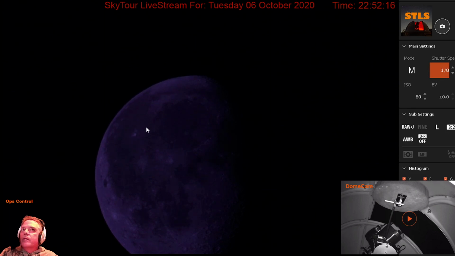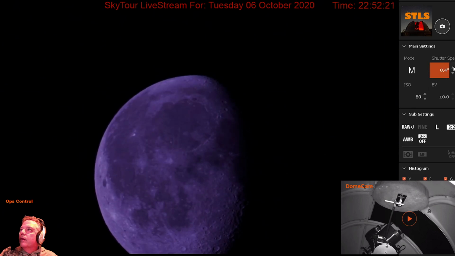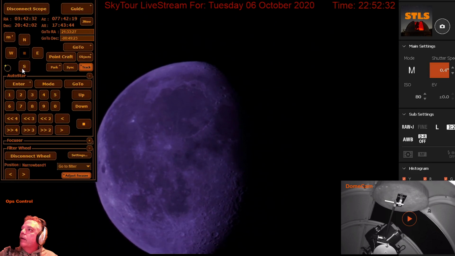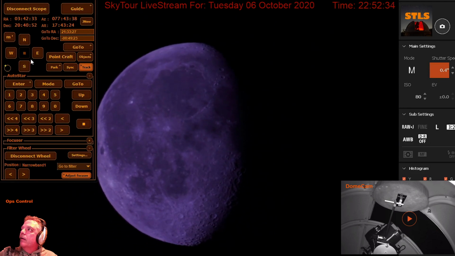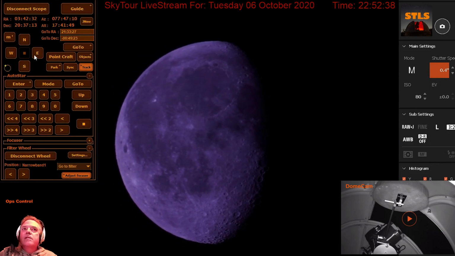You can't miss it. I see Grimaldi down to its lower left. Yeah, you can't miss it. Look at that. It's interesting to consider when you first caught the moon how dark it was to see how much that filter is really cutting down on how much light is passing through. That's exactly right. That's amazing.